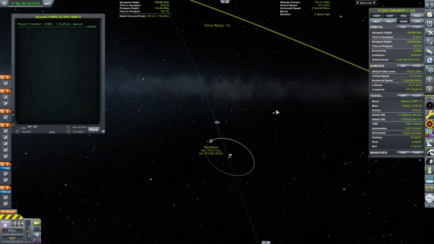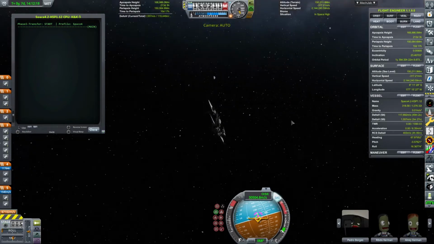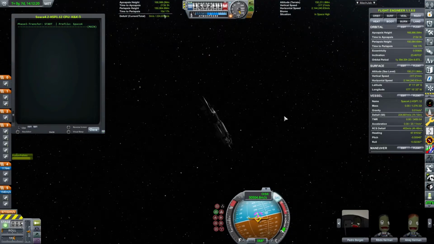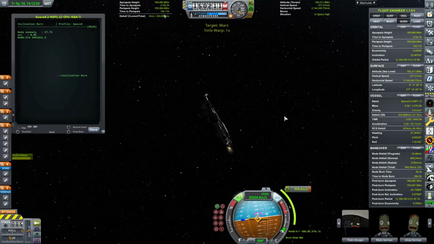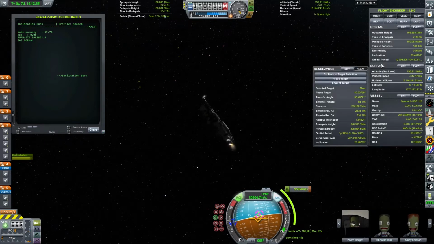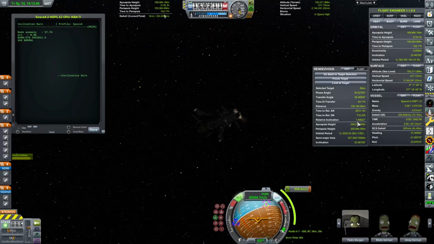So what we'll do right now is a correction again to correct the planes. That can now be seen here. We have just a slight relative inclination, which is 1.84 degrees, or 1.85 if we round it up.